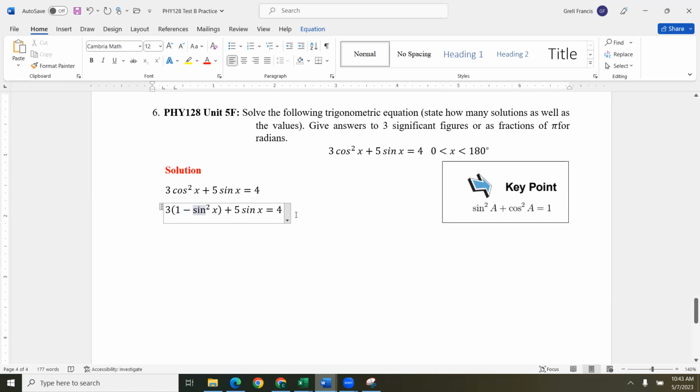So now what we are going to do, we're going to clear this bracket, multiply by 3. So we have 3 ones of 3, and 3 times minus sine squared x is equal to minus 3 sine squared of x. Now we're going to simplify. We can bring everything to the right side.